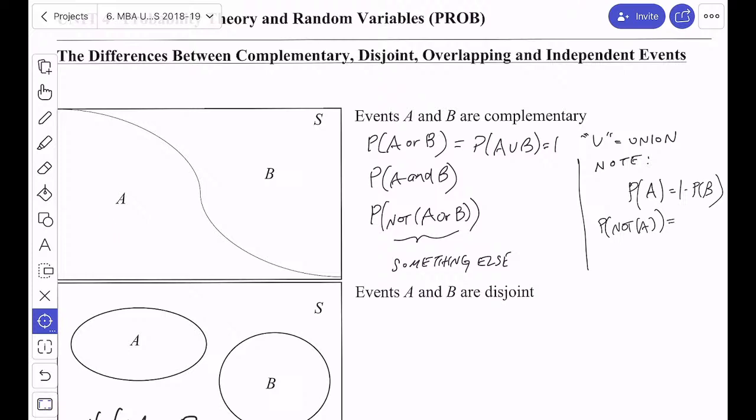Well, the only other thing that can happen is B. So the probability of not A is the same as the probability of B happening. The probability of not B is the probability of A happening, which is essentially what I wrote here. So just getting you comfortable with the terms.